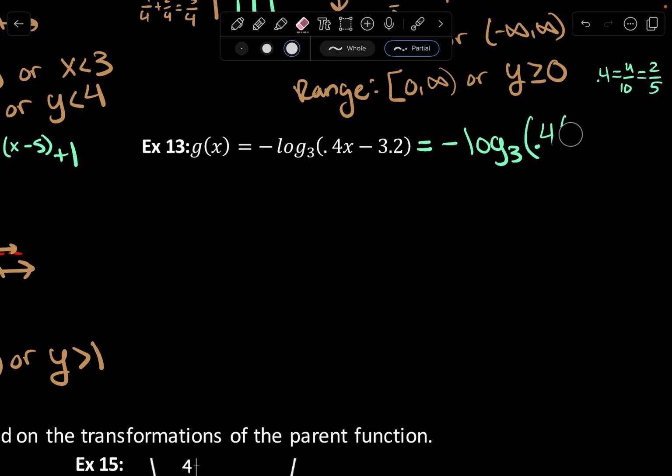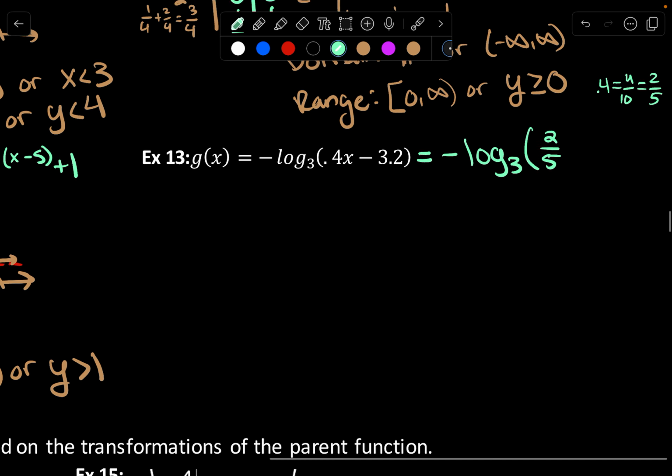So if I come back to here, I'm going to just write in 2/5. So sometimes you have to play between decimals and fractions. Some of these are easier with decimals, some of them are easier with fractions. So I'm going to rewrite 2/5, and then I'm going to have x minus. So I want to multiply it with 5 over 2.